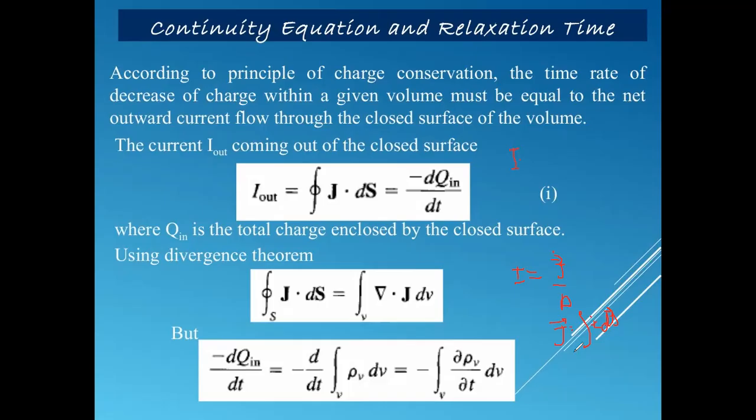So as you can see here, I out is equal to the closed integral J dot ds. Forget about the right hand side part, I will discuss that. First, understand from here that I out is equal to J dot ds.